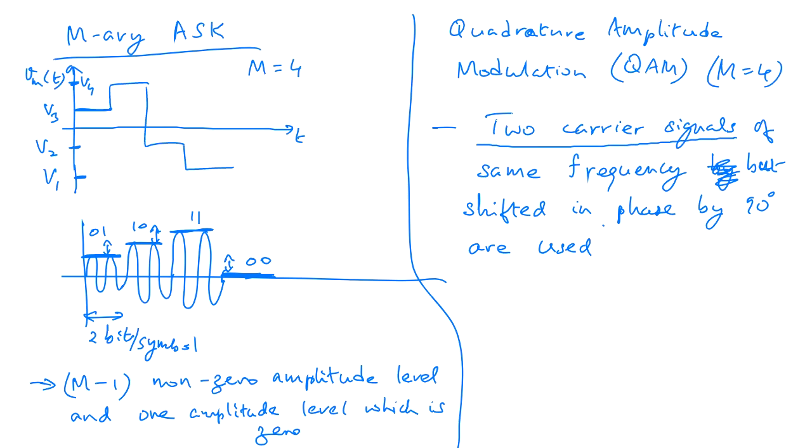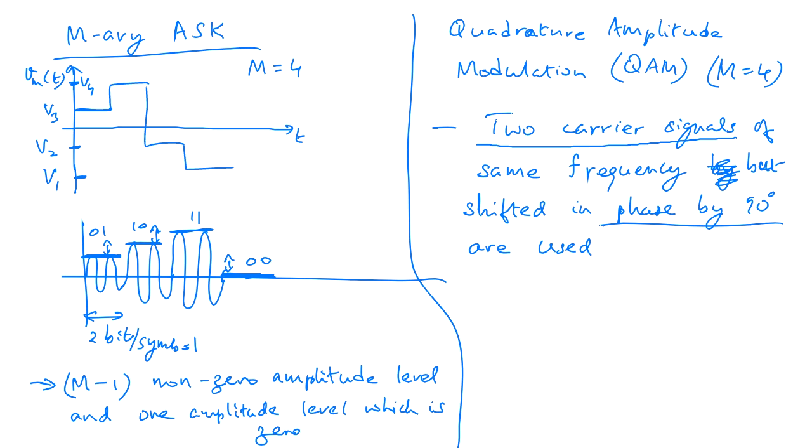They have a phase shift between them of 90 degrees, and you all know that the carrier signal is a sinusoidal signal. So if we want to choose two sinusoidal signals of the same frequency but 90 degrees phase shift, we can simply choose a sine wave and a cosine wave, because sine and cosine are 90 degrees apart in their phase.